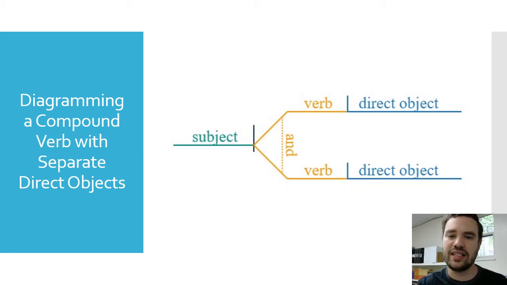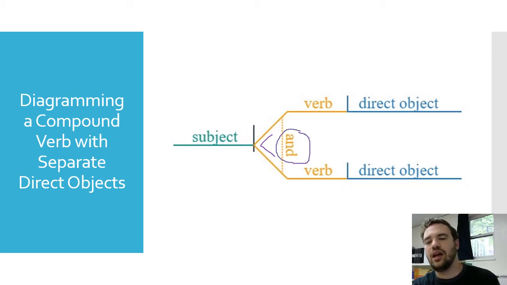So in this case, you've got subject on the horizontal line, you've got that vertical line that cuts through, then you have the rocket ship shaped structure and it splits, and you've got "and" on the dotted line in the middle, and you've got verb 1 up here, and then verb 1 applies to a particular direct object. So you're going to have direct object 1 up here.